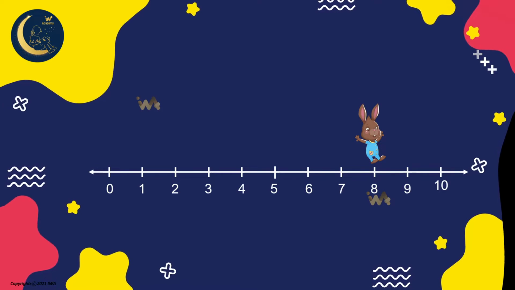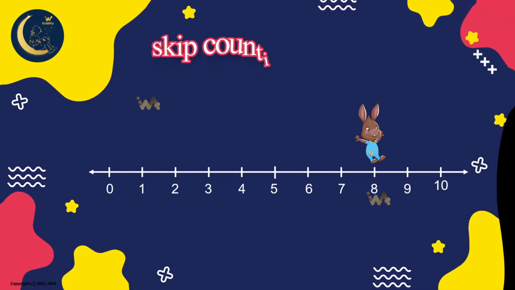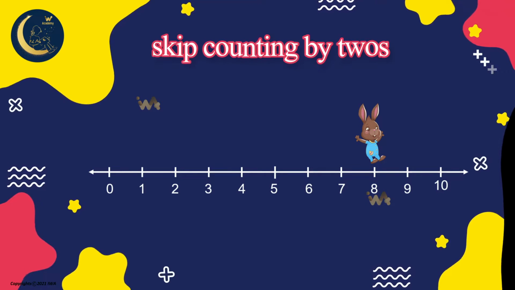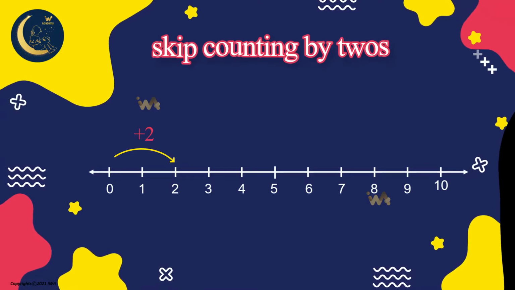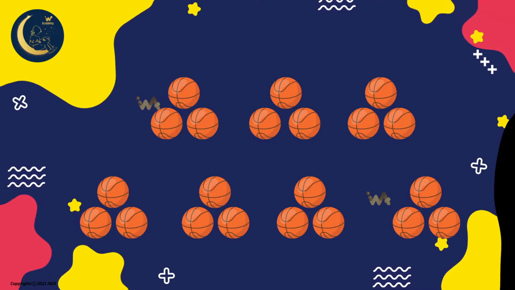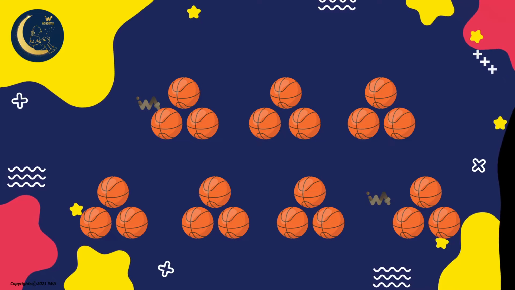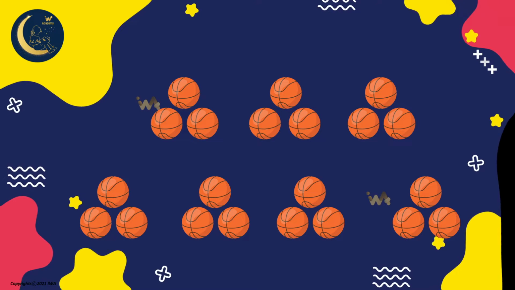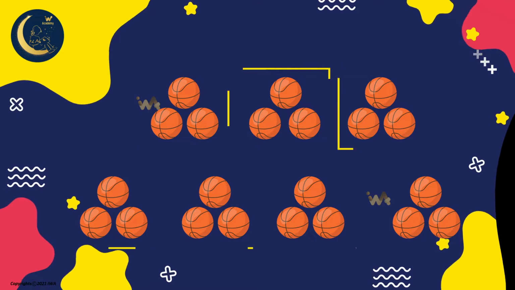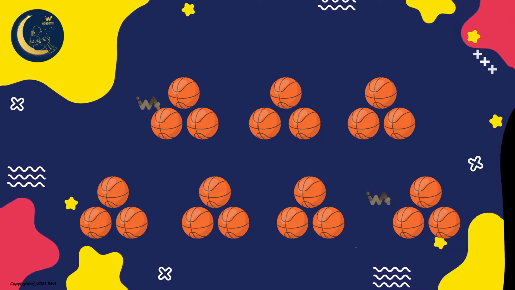This method of counting is called skip counting by twos, because every time we jump, we add 2 units to get the next number. Now let's count these basketballs together. What is the best way to count them? Skip counting by twos? Of course not, because here there are 3 balls in each group.